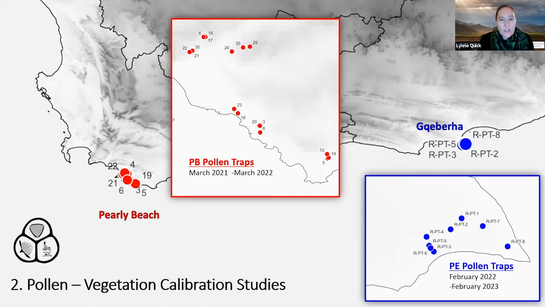This is on a short temporal scale, but we're linking it to our records within the area that are over long periods of time, so that we can tweak different taphonomic responses of the pollen types. For instance, what are overproducing, what are underproducing pollens, so we can calibrate the assemblages that we generate on the fossil side. And that work has been done by a master's student of mine.